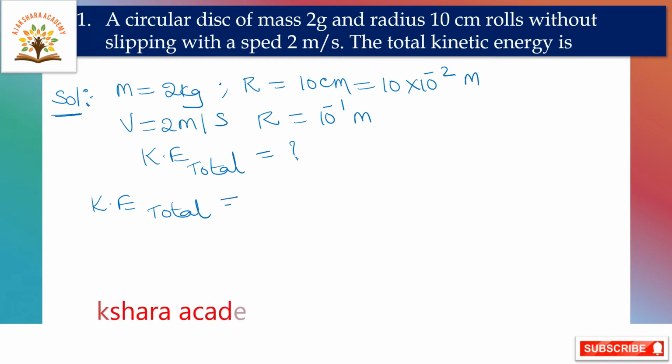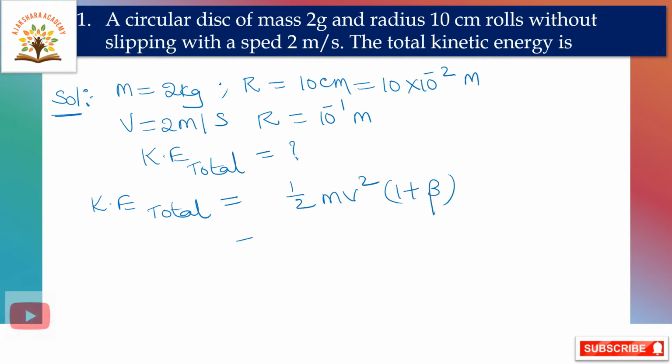So KE total is equal to half m v square into (1 plus beta). Now substituting values, half into 2 into 2 square into (1 plus 1 by 2). So beta is equal to 1 by 2 for a disc.